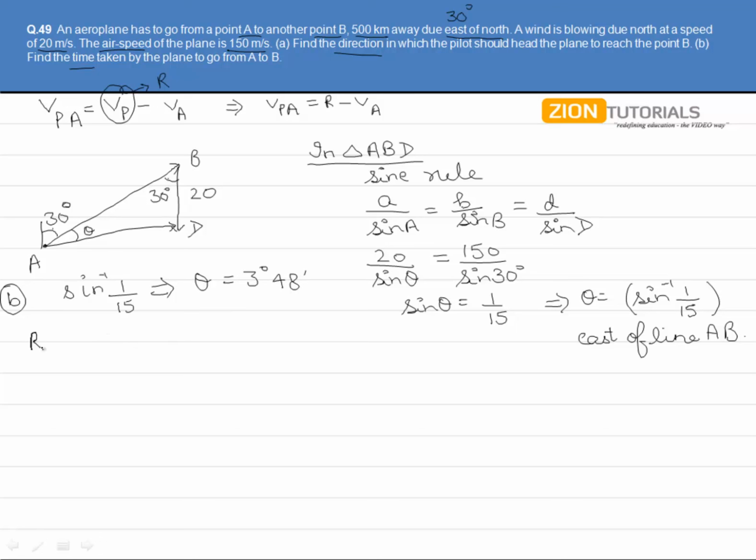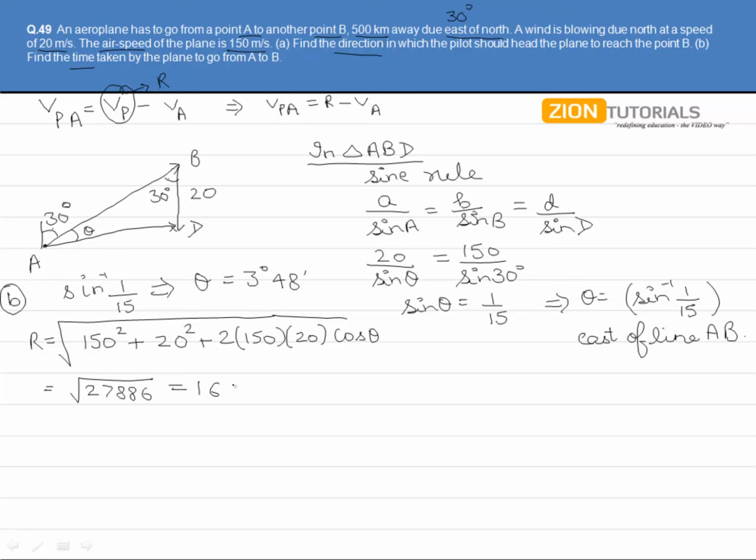So let us have the resultant R equals the square root of 150 square plus 20 square plus 2 into 150 into 20 into cos theta, giving us under root of 27886, that is 167 meters per second.